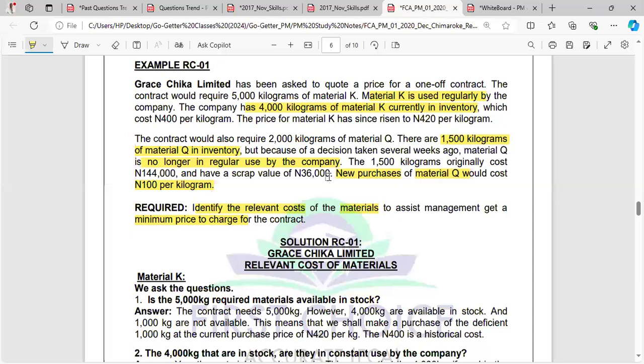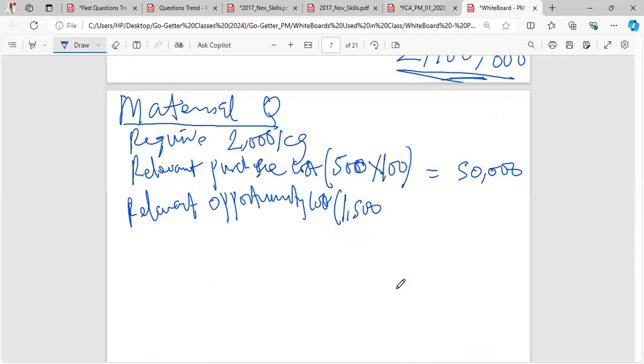So it's either we use it and don't scrap it, or we don't use it and scrap it. So 36,000 is our relevant cost. So we just put the 36,000. Now, is there any other thing again?